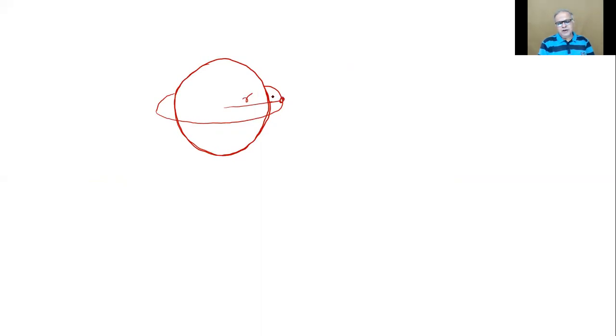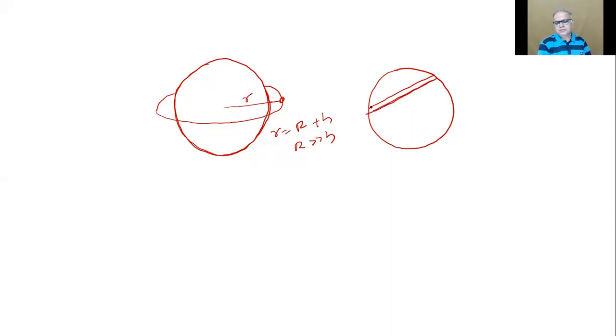If this h is very, very small, that is, r equals R plus h, and R is much larger than h, even then the time period will be this only. That's one thing. Second thing is, not just a diametric hole. You can make a hole along any chord like this. Even for that, the time period will still be 84 minutes.